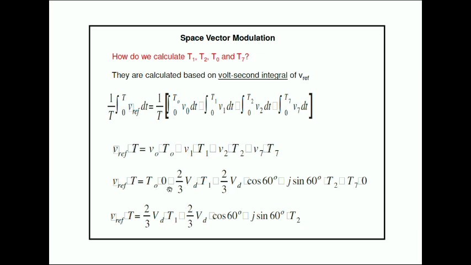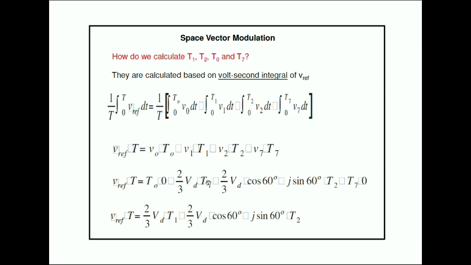So T0 into 0 plus 2 by 3 VD, that is 1 into 2 by 3, which you have already seen in the previous sections. 2 by 3 VD, I am not explaining it further because it will consume more and more time.